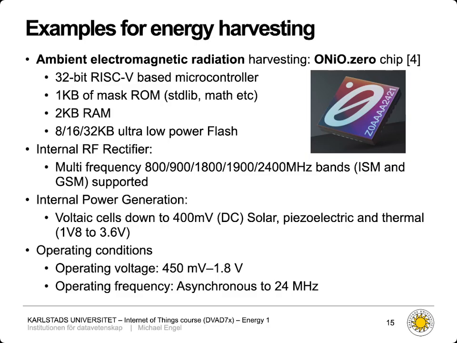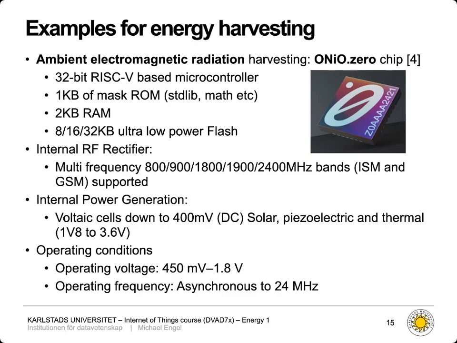So this can also have internal power generation. So if you decide to instead provide this chip with solar energy, it's perfectly fine to have very low power or low voltage solar cells that only provide 400 millivolts, or even piezoelectric and thermal voltages. And these converters here on the chip are all able to supply voltage power to the chip. So this chip is very versatile.